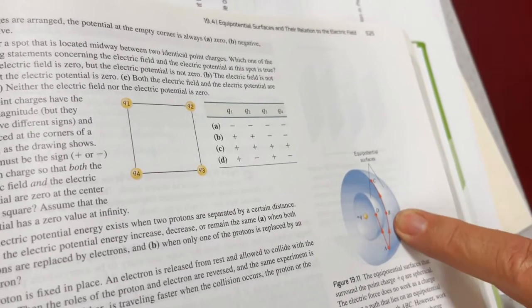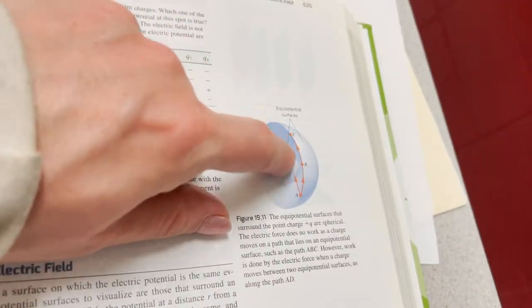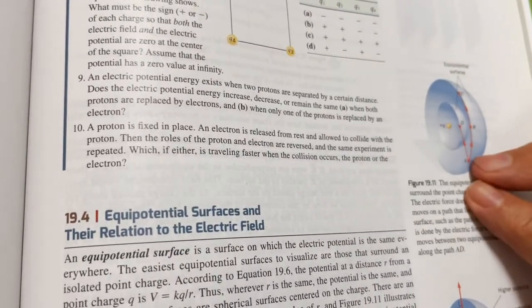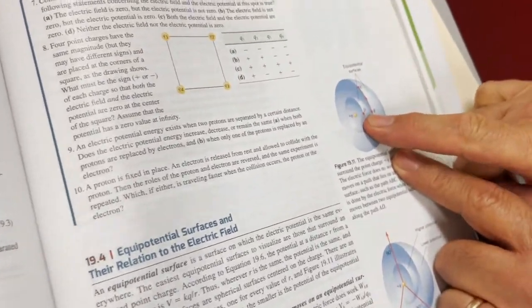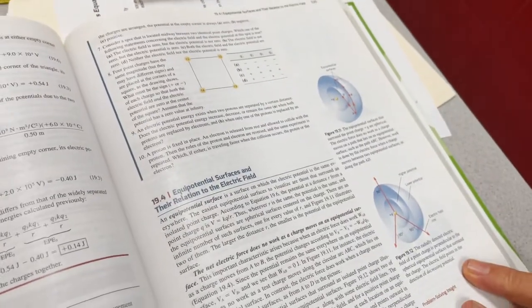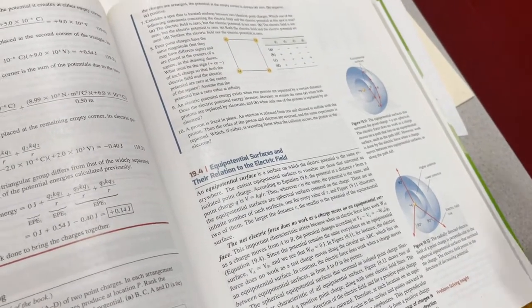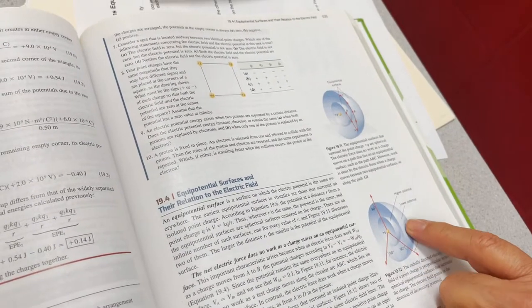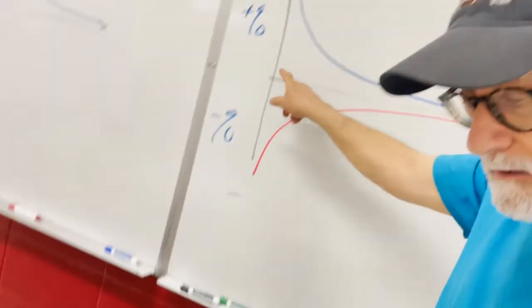As you go farther out, there's a different potential. So A, B, and C would all have the same potential, different from D, and higher than D. That whole idea of higher potential inside and lower potential outside is based on this.